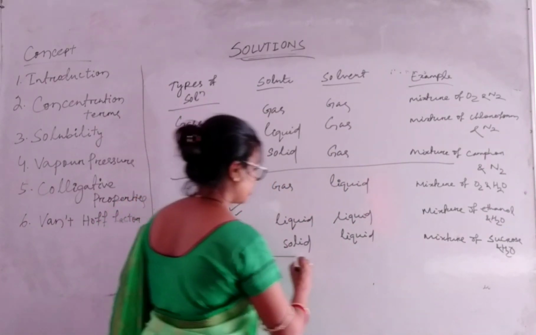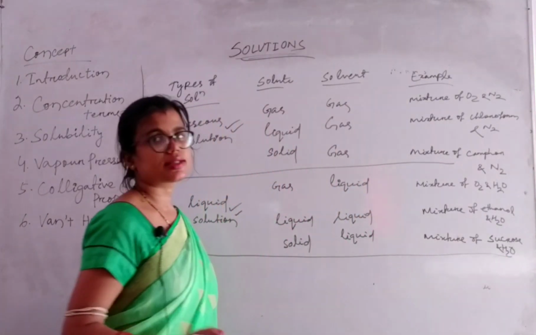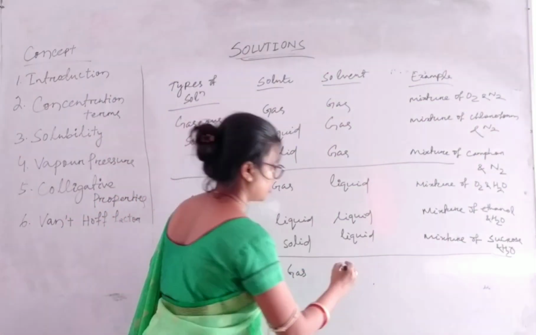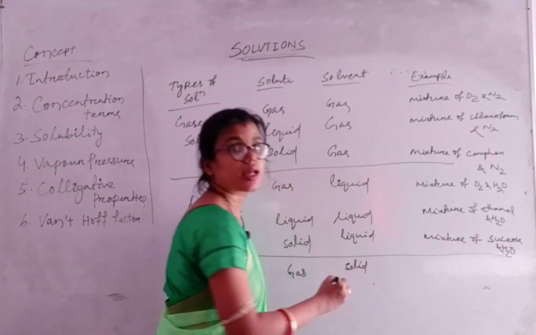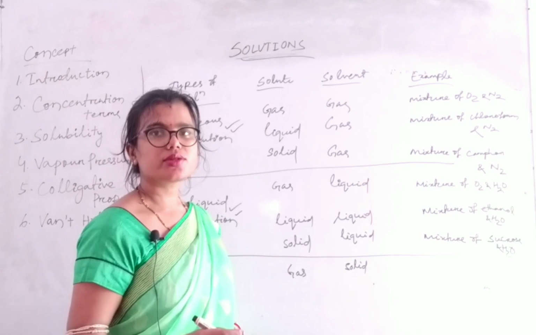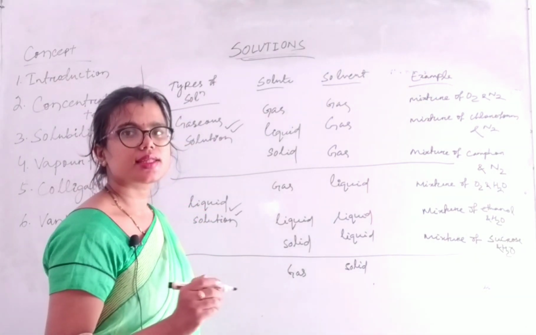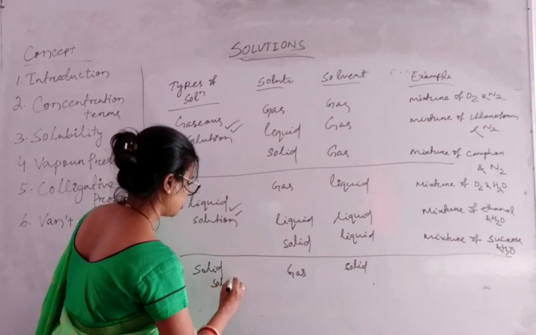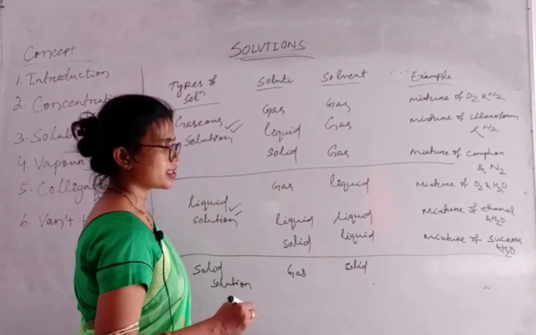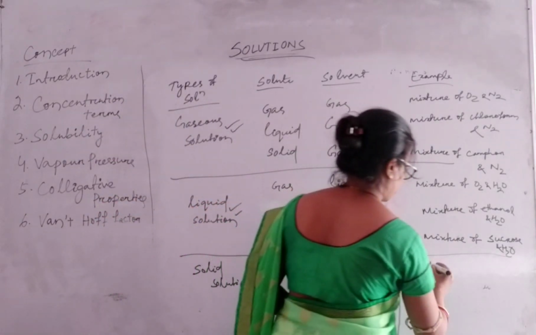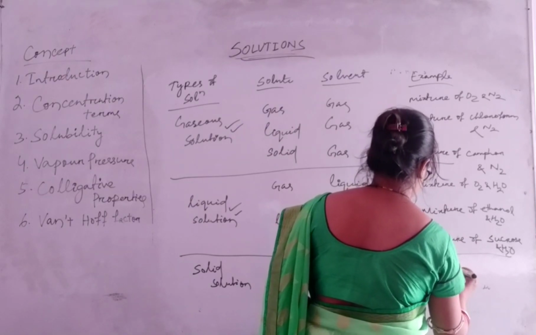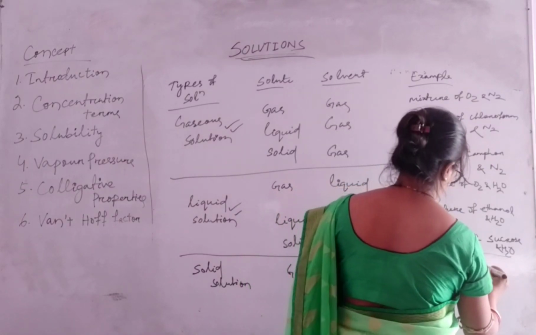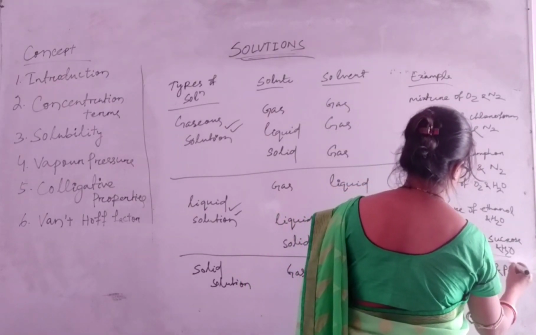Next, when solute is gas and solvent is solid, then the solution is called a solid solution. For example, a mixture of hydrogen and palladium.